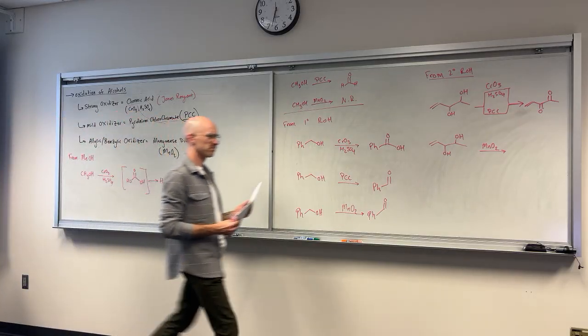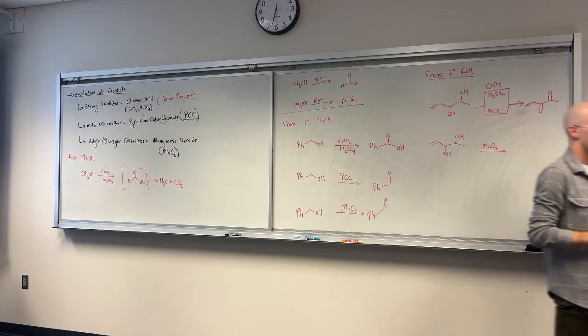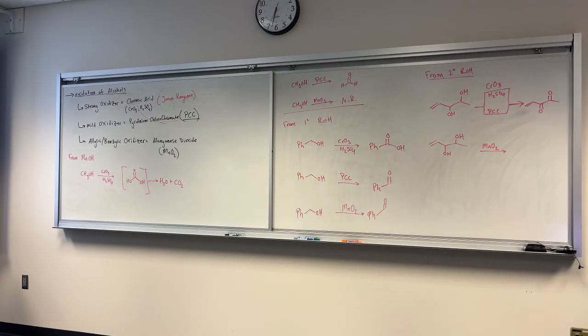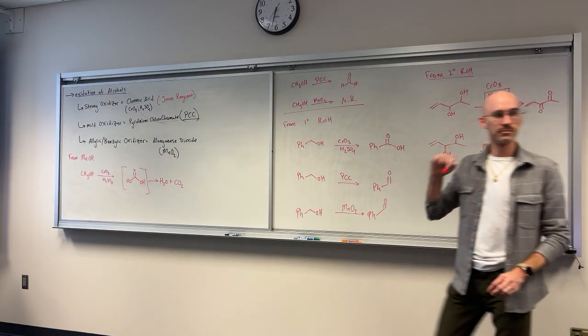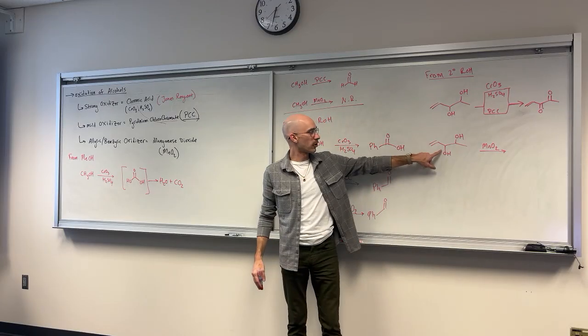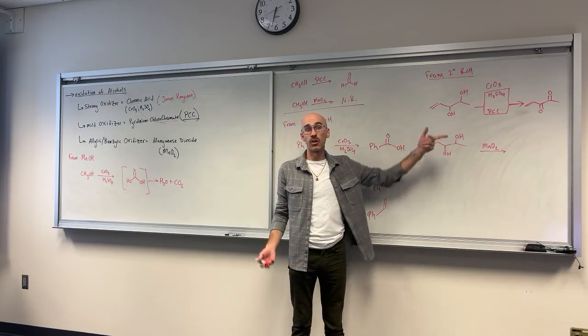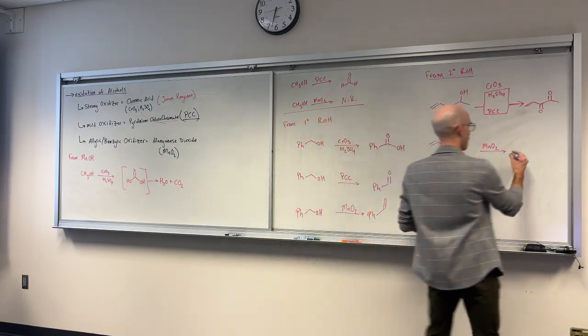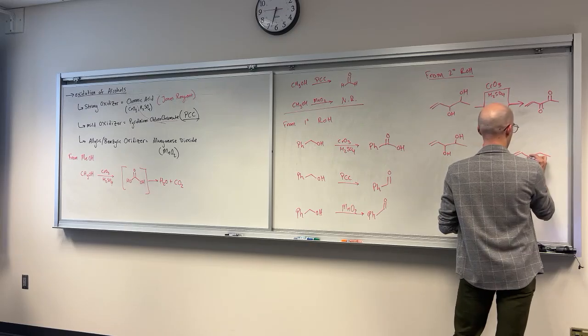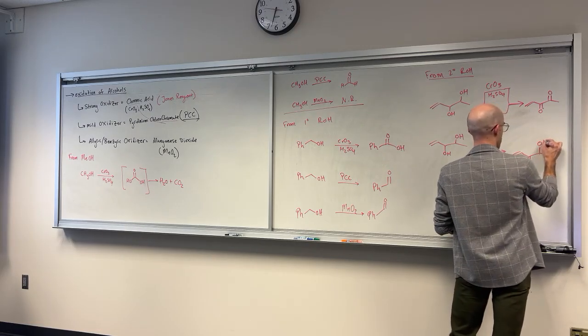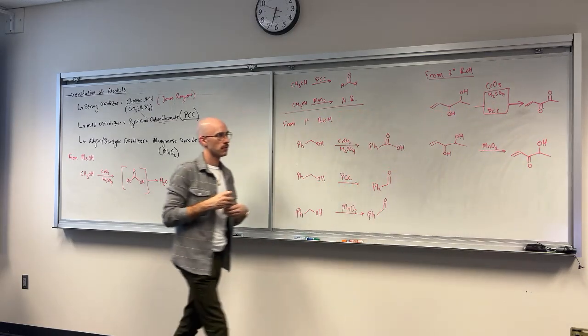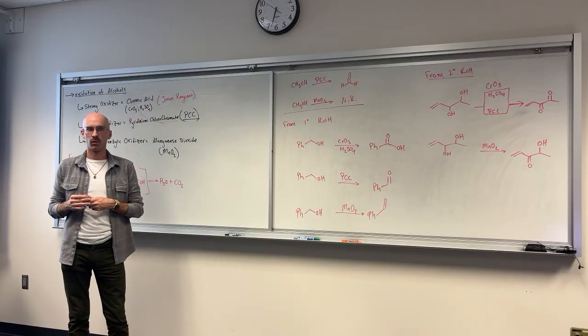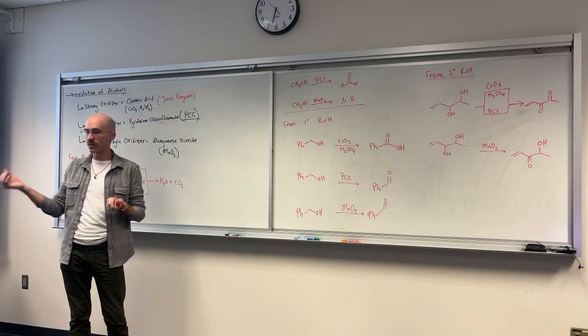It's not going to make a ring. It will just make one ketone. One alcohol is allylic, one alcohol is not. One ketone, one alcohol. Selective oxidizer.